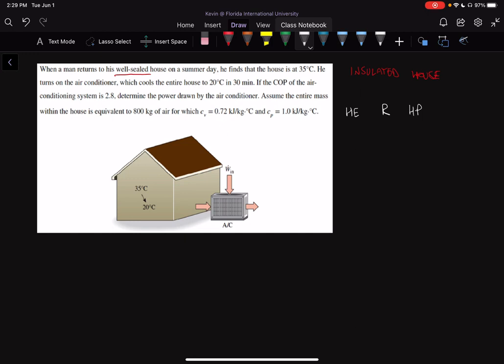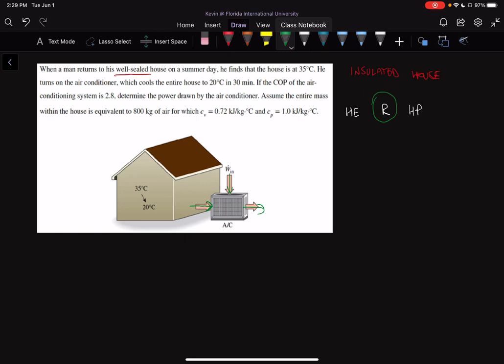In order to cool the air in the house, we have to use some sort of refrigeration system. What we're going to do is take energy out from the house and run it through an AC system, and this AC system is going to exhaust some hot air outside.